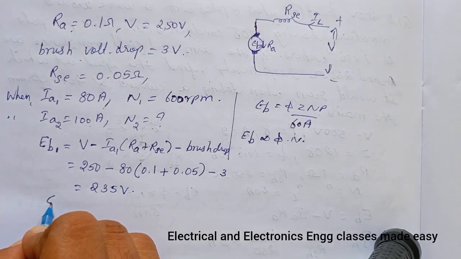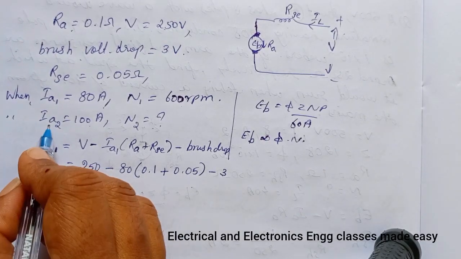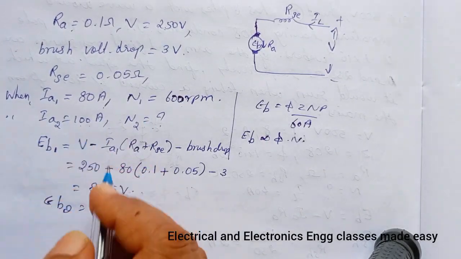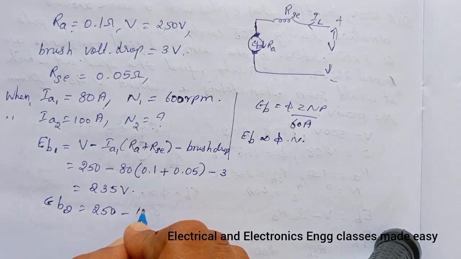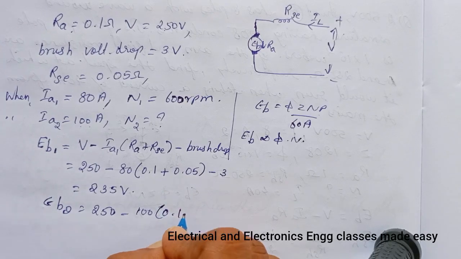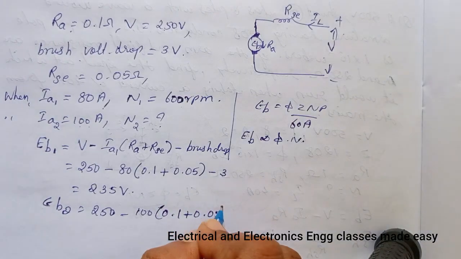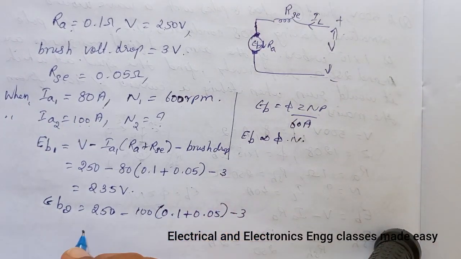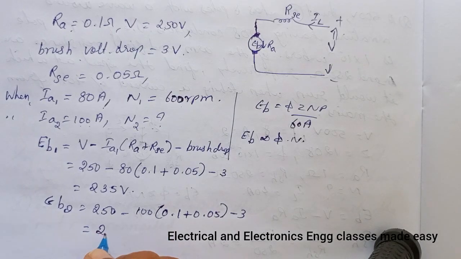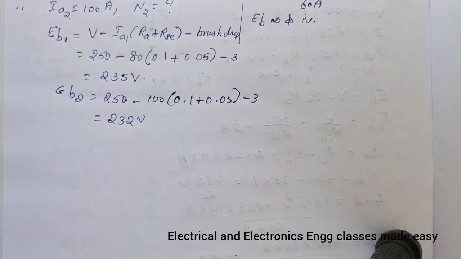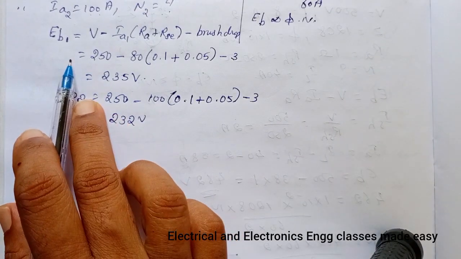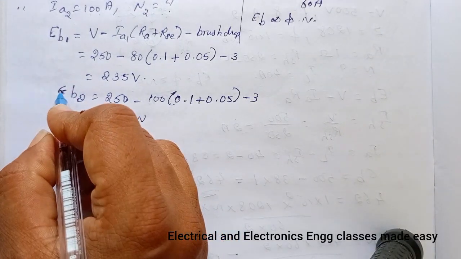Next we have to find EB2, that is when Ia is equal to 100 amperes. So we get 250 minus 100 into 0.1 plus 0.05 minus 3, and we get it as 232 volts. So here we got EB1 and EB2.